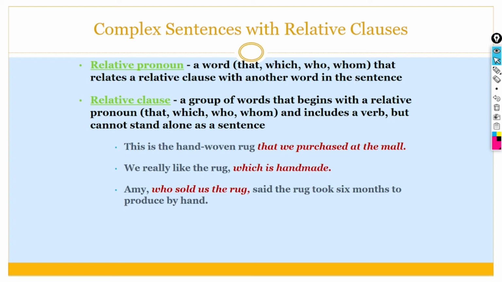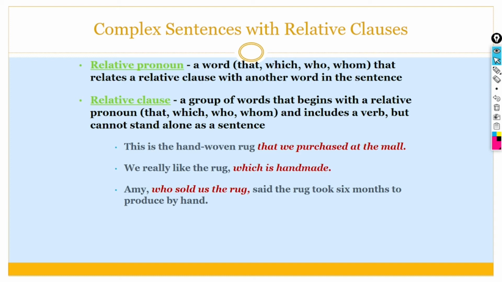A relative clause is a group of words that begins with a relative pronoun such as that, which, who, whom, and includes a verb, but cannot stand alone as a sentence.